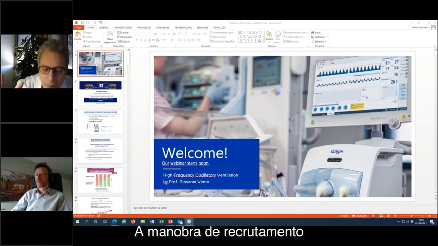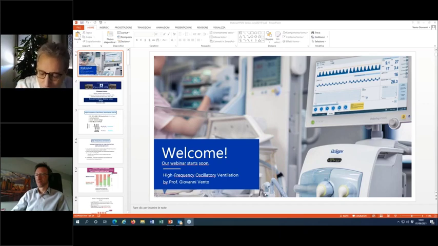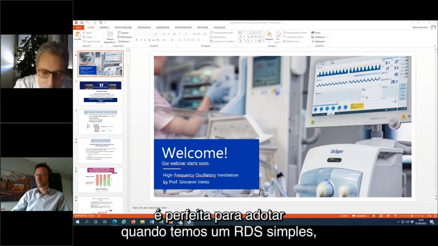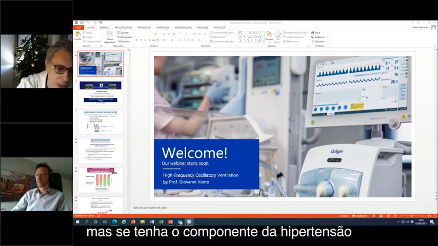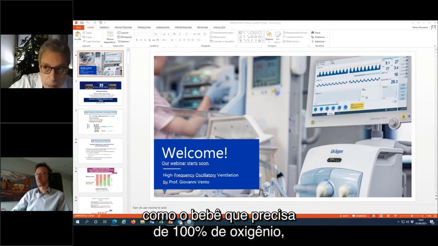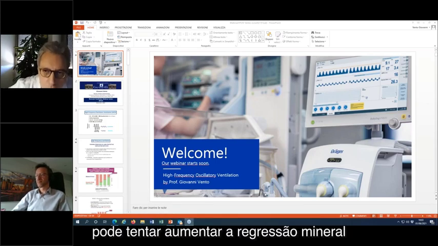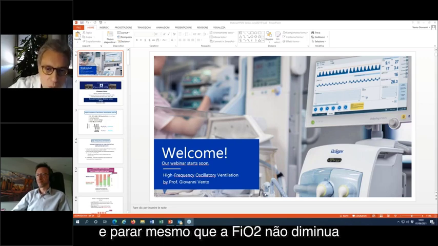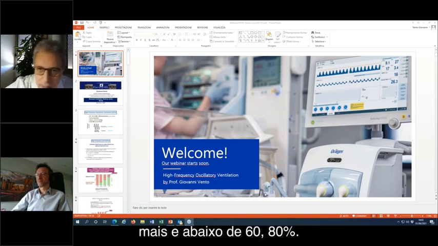The recruitment maneuver is perfect to adopt when we have a simple RDS. But if you have the component of pulmonary hypertension or the component of pulmonary hypoplasia, such as the baby who needs 100% of oxygen, you can try to increase the mean airway pressure and stop, even if the FiO2 no longer decreases under 60%, 80%.